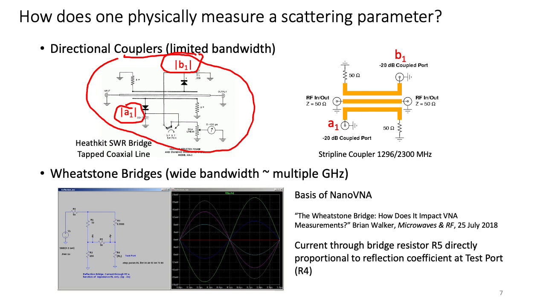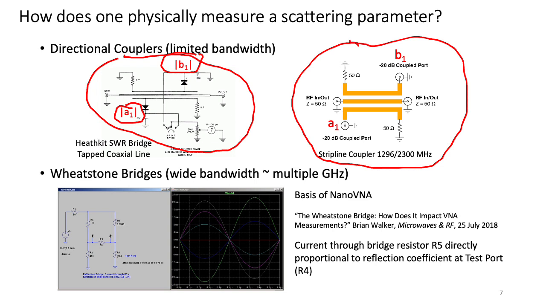But note that there's no phase information given by this particular configuration. In the second example, we have what's known as a strip line coupler, useful at UHF through microwave frequencies. And here we actually get the incident voltage A1 and the reflected voltage B1 through coupled ports on this strip line.